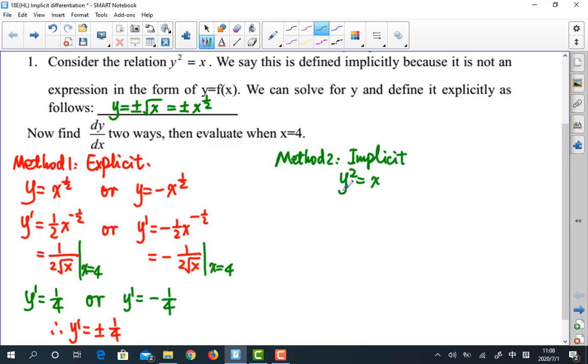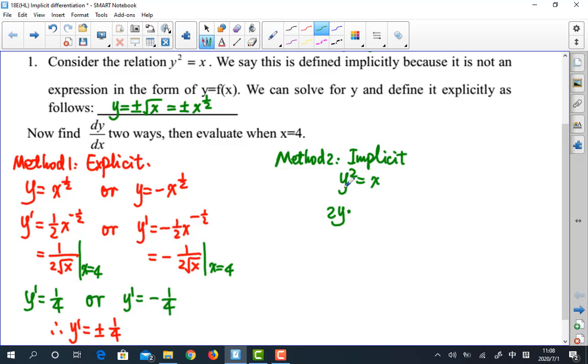Y squared, this is a composite function because your base y is a function of x. Chain rule, d outside, d this is square, 2y. 2y to the power 1, power rule, d outside times d inside.